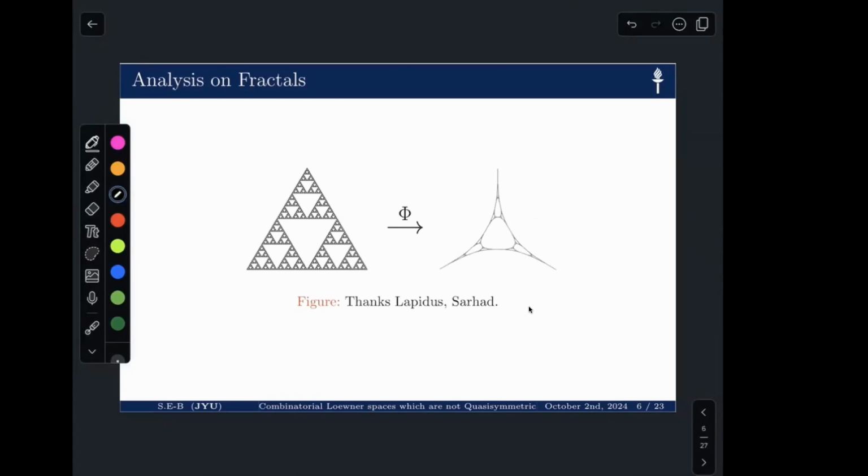Well, let's go on. So that was why, if you are doing complex dynamics, you might care about the existence of a nice metric. But if you're doing analysis on fractals, by which I mean some sort of potential theory or studying questions about Dirichlet forms on spaces, you can take this Sierpinski gasket, and there's a construction of a Dirichlet form on this space that goes back to Kusuoka and Zhou.